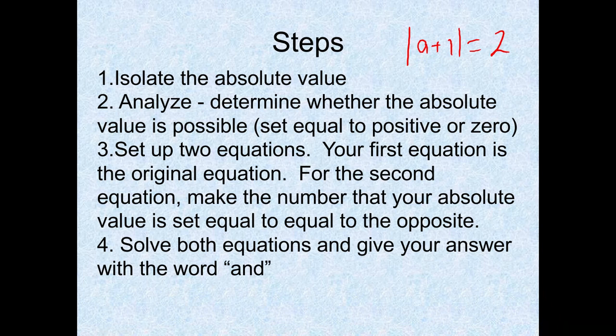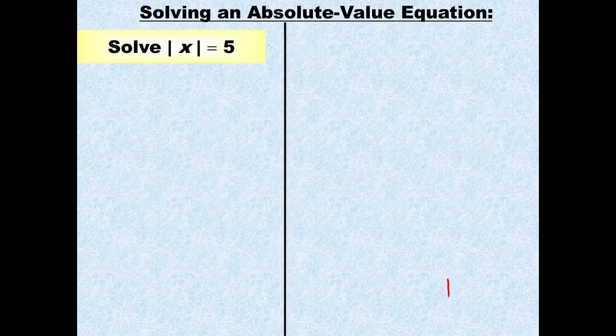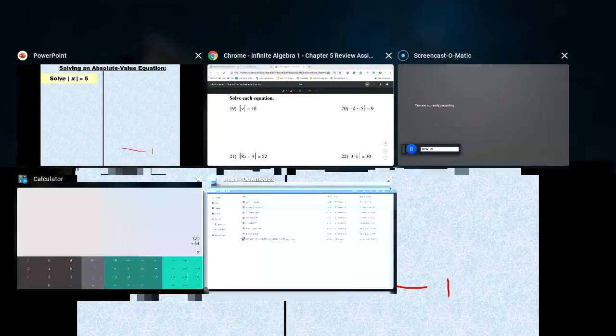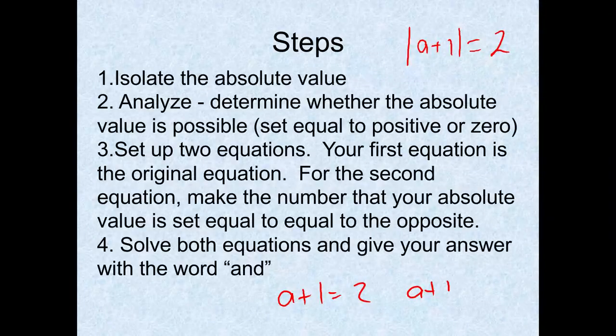A plus 1 equals 2. A plus 1 equals negative 2. When absolute value would not be by itself, this would be 2 times the absolute value. That was a big thing on the quiz.